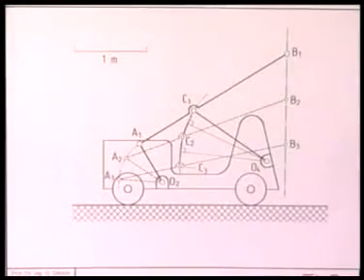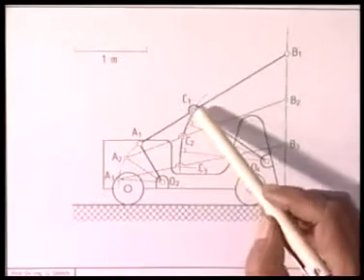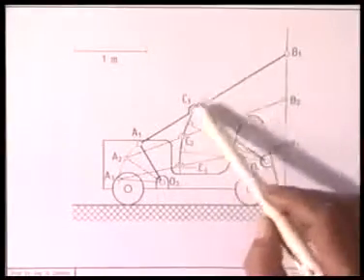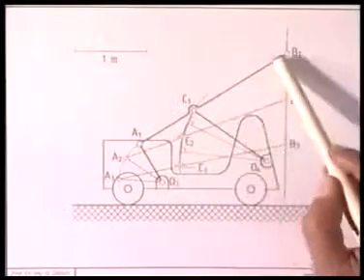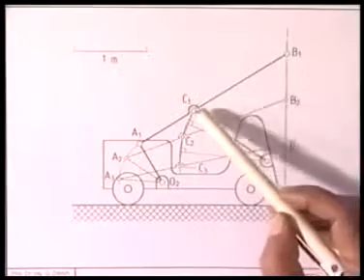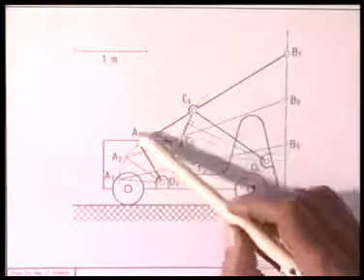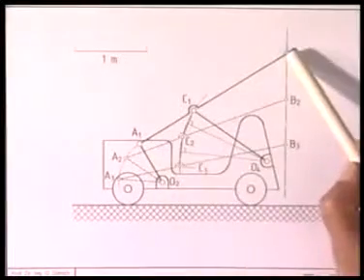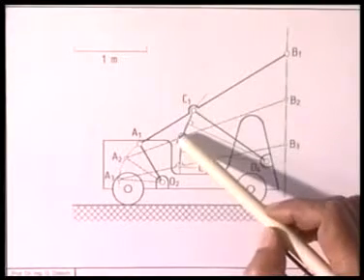This problem we have solved earlier, so without elaborating, let me say I choose C1 somewhere in the middle range of this AB, not too close to A, not too close to B, but somewhere in this middle region. So I have chosen C1. Now when this slider crank goes from O2 A1 B1 to O2 A2 B2, C1 goes to C2.